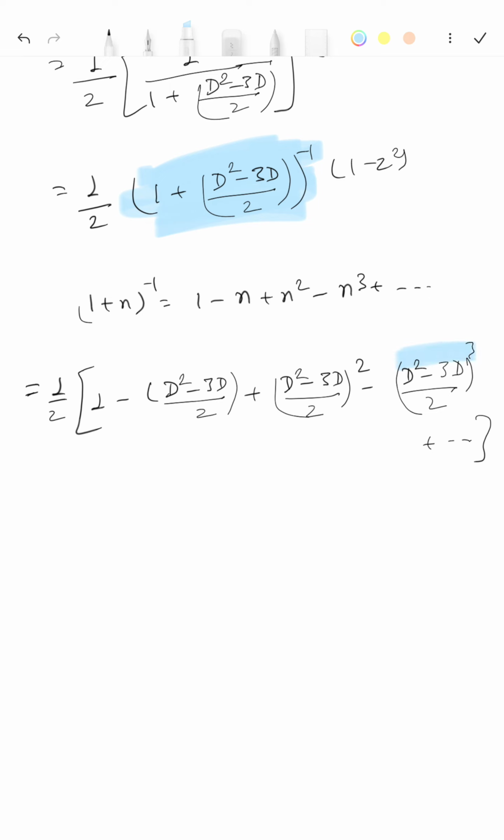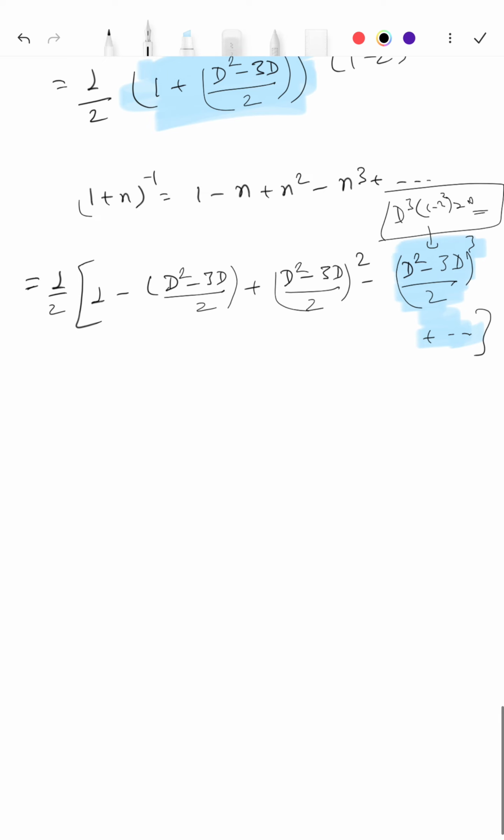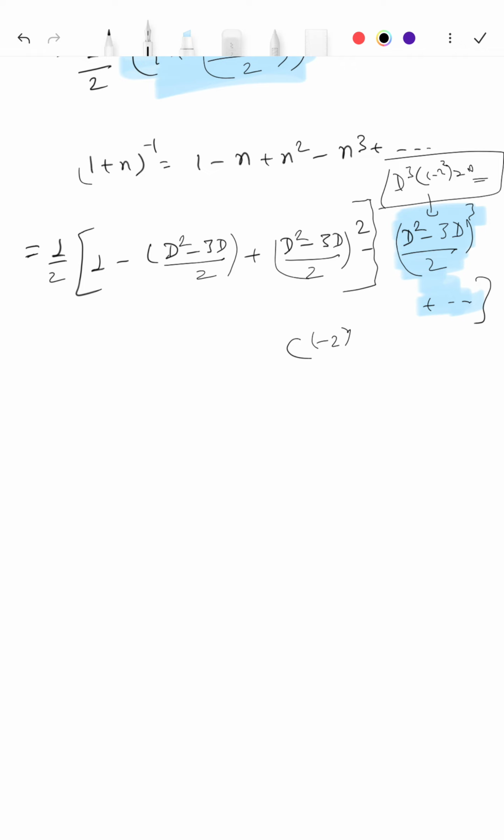How did I say that? I can take d common, so the overall expression has d cube times something, and d cube of 1 minus z square equals 0. So anything above this is 0 only, right? We are concerned with the value only up to this 1 minus z square. So let's calculate this one.